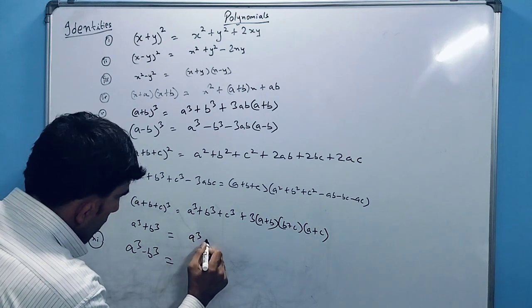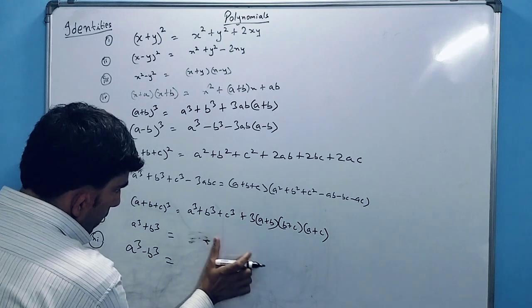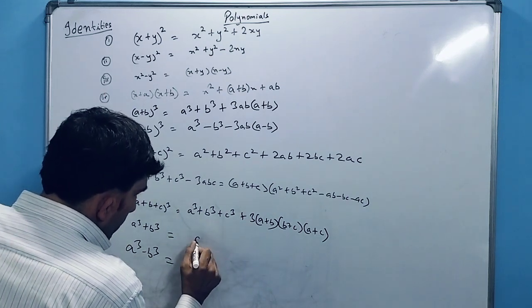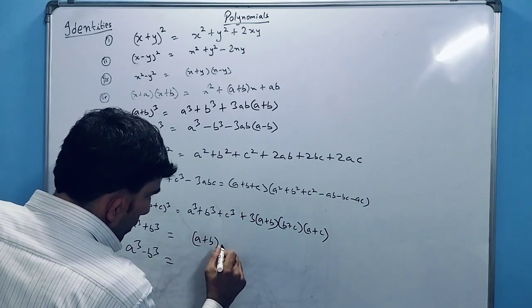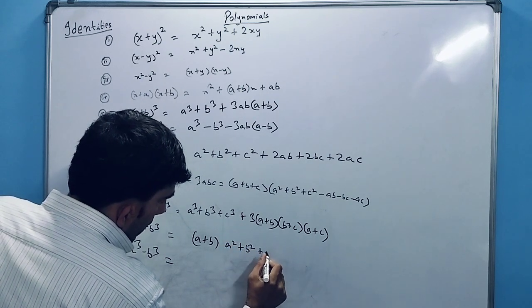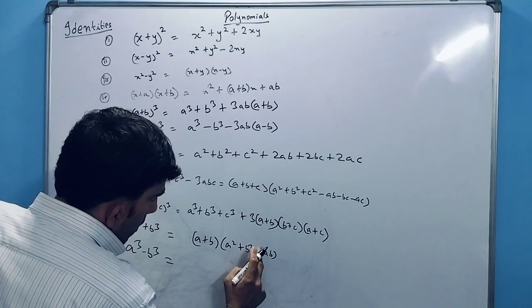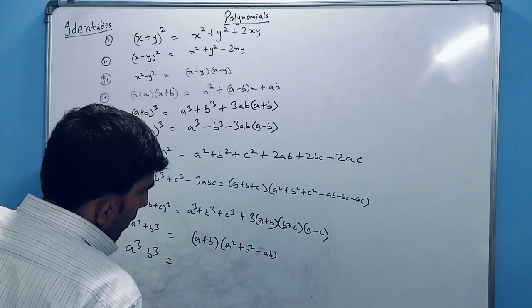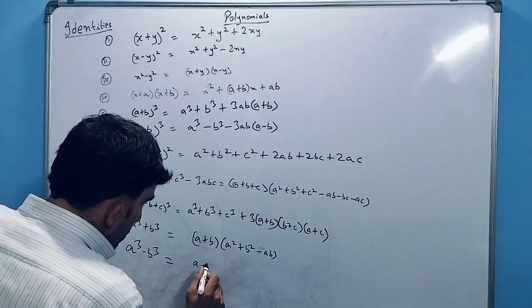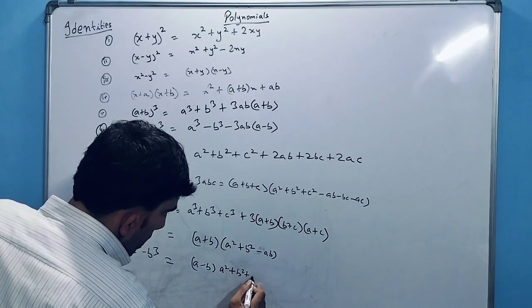The formula for a cube plus b cube will be (a plus b) times (a square plus b square minus ab). And for a cube minus b cube, it is (a minus b) times (a square plus b square plus ab).